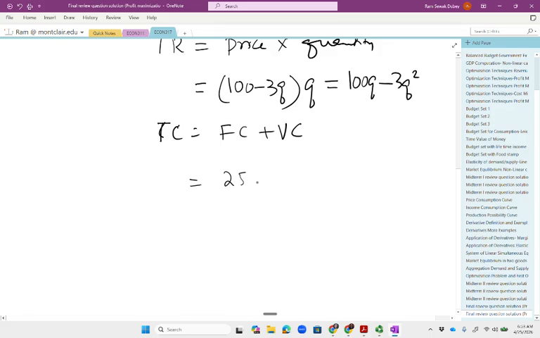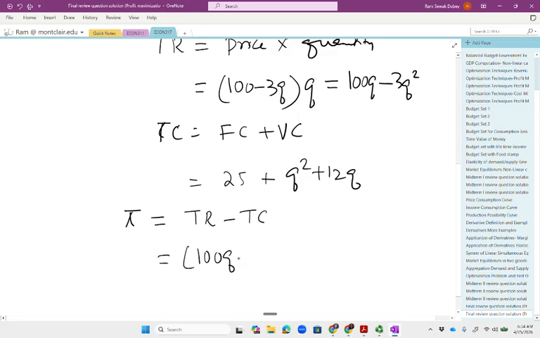Fixed cost is 25. The variable cost is Q square plus 12Q. So now I have the expression for both total revenue and total cost. I can write down profit as total revenue minus total cost, which is 100Q minus 3Q square, that's my total revenue, minus (25 plus Q square plus 12Q) as my total cost.